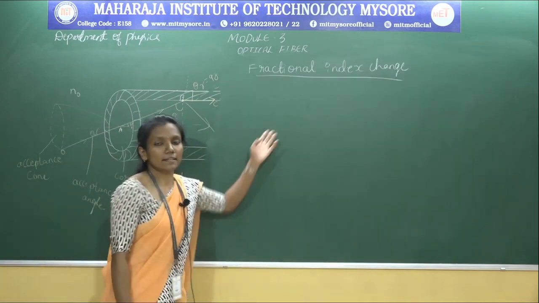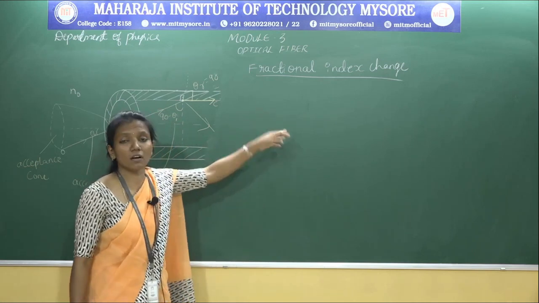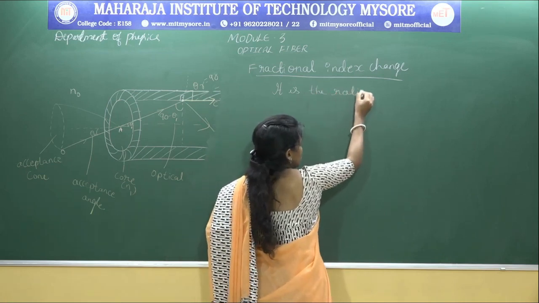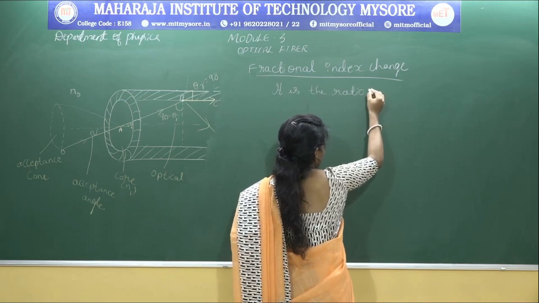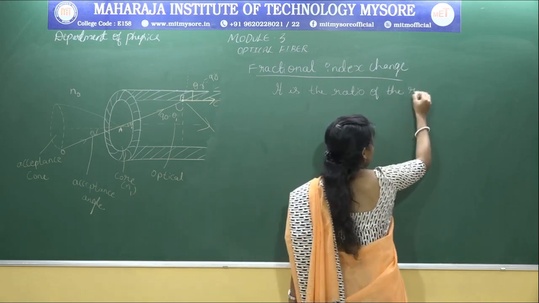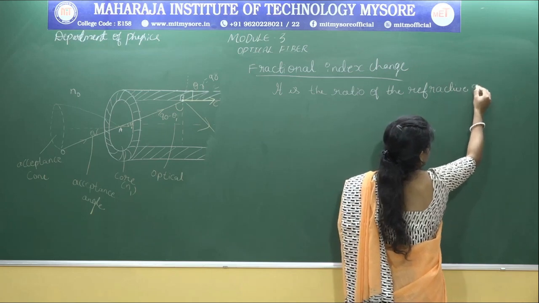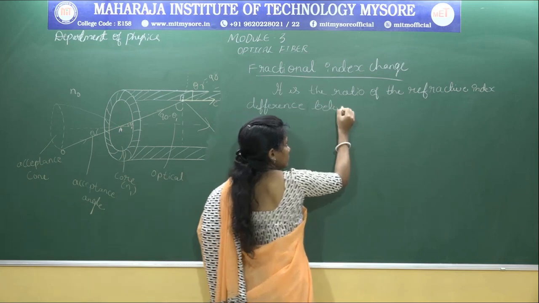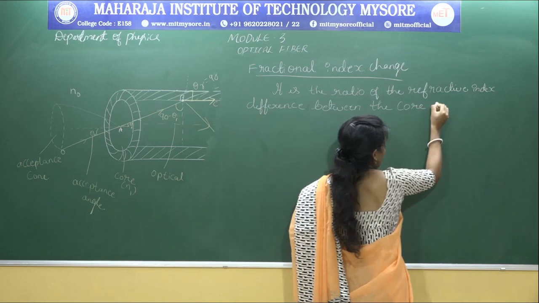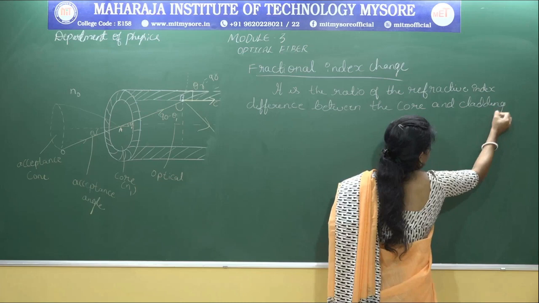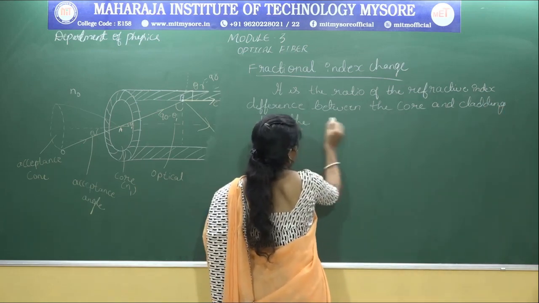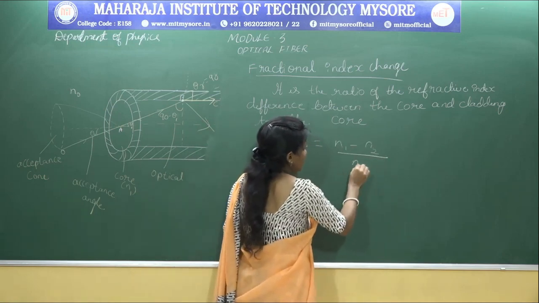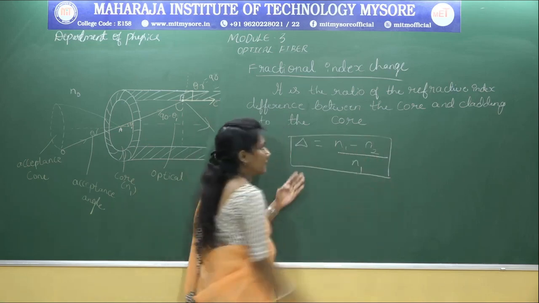Now the fractional index change is the ratio of the difference between the refractive index of the core and cladding to the refractive index of the core. So, this is the fractional index change.